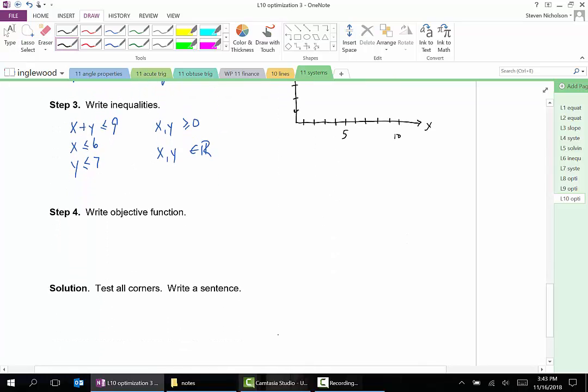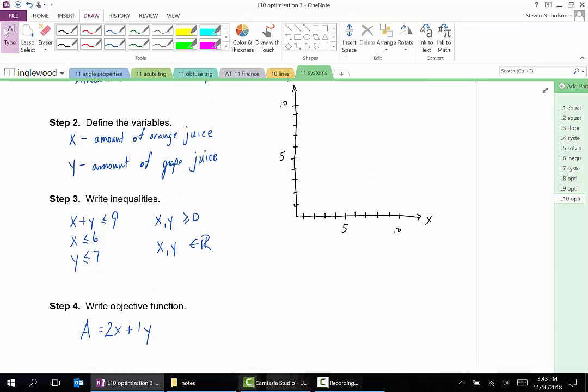So again, our objective function would be the amount of vitamin C is equal to 2 times the number of liters of orange juice plus 1 times the amount of liters of grape juice. And again, in order to figure out the X and the Y that's going to maximize that or minimize it, depending on what we want, we have to write our system. So X plus Y is less than or equal to 9 is simply this line right there.